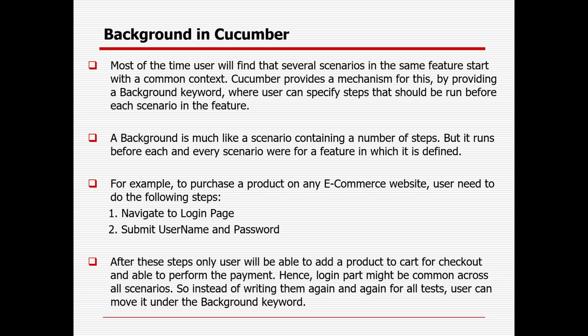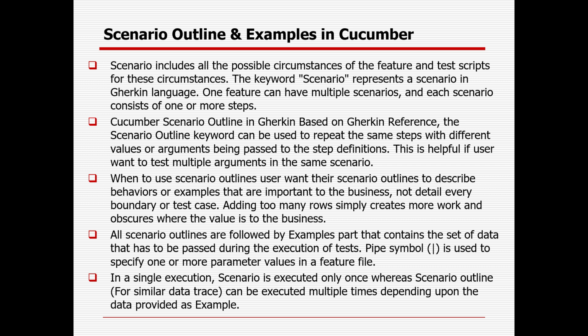So the next part is scenario outline. Say I want to run a single scenario multiple times, then instead of writing so many lines of code again and again, I will use scenario outline. Scenario outline includes all the possible circumstances of the features and test script for these circumstances.